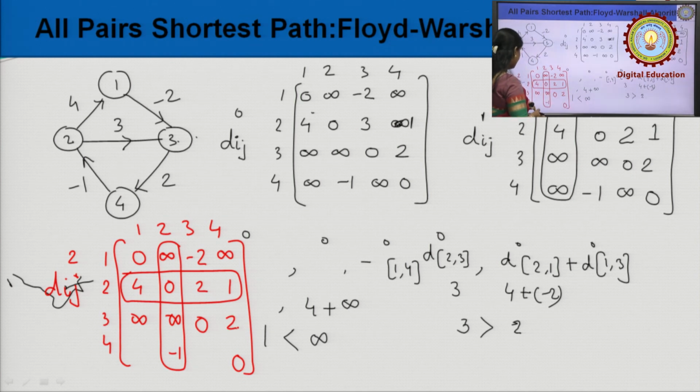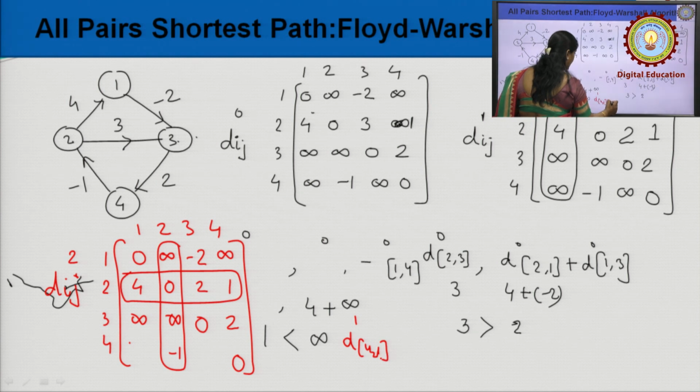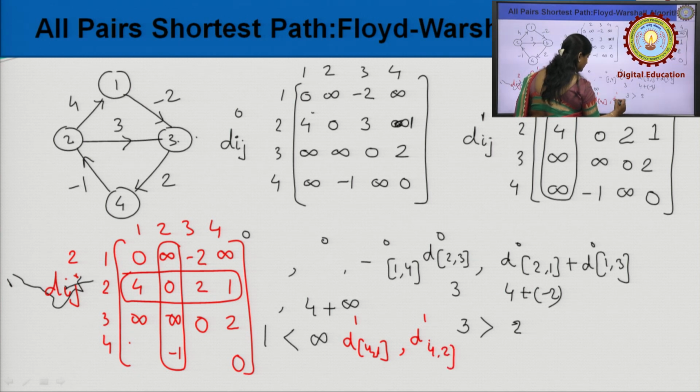Now calculate the value of 4 1. The value of 4 1 means the distance matrix of 4 1, and put the intermediate vertex, 4 2 plus 2 1 in the previous matrix.